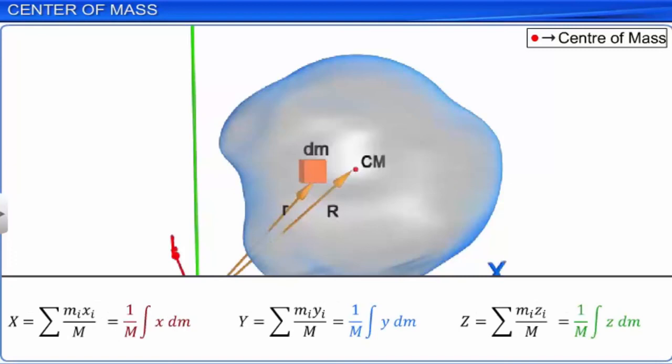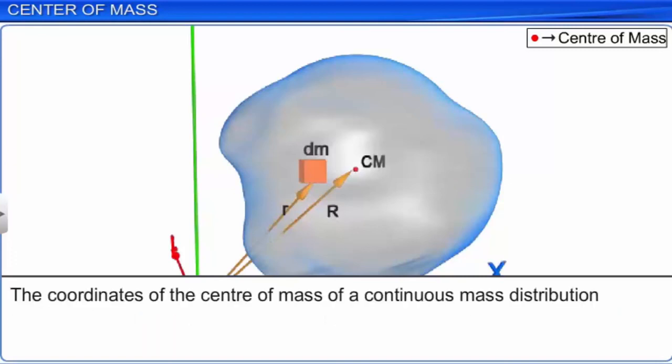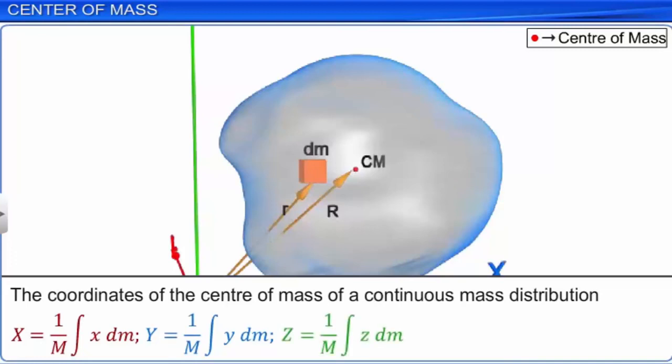The coordinates of the center of mass of a continuous mass distribution are denoted by x is equal to 1 by M integral of x dm, y is equal to 1 by M integral of y dm, z is equal to 1 by M integral of z dm, where M is the total mass of the body.